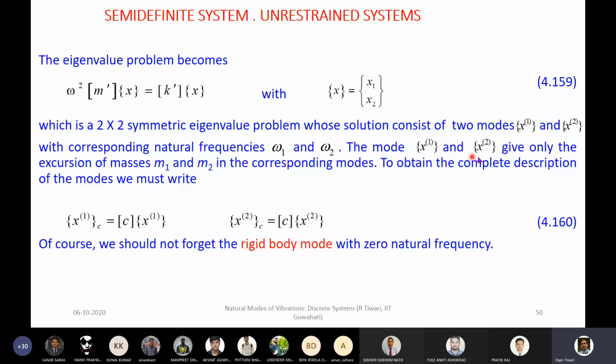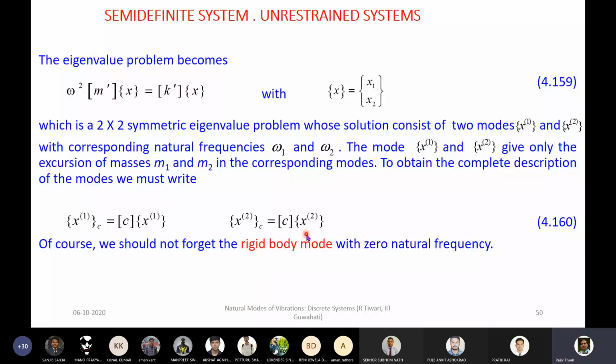The size of that will be 2 by 1, but the actual system has x3 also. So once we obtain this eigenvector, we can get the total x1, x2, x3 using the transformation again. You can see, using this transformation, if you multiply this 2 by 1 matrix, we can get x1, x2, x3 here.